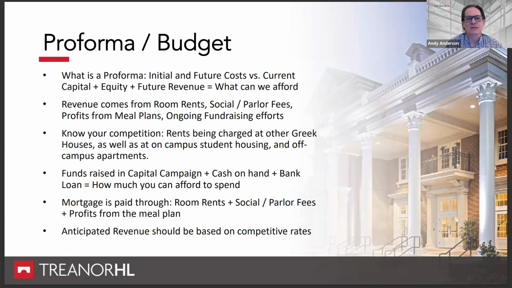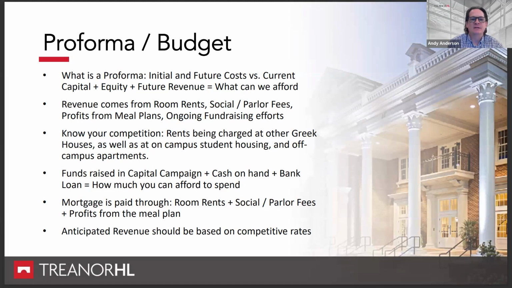And so you want to make sure that what you're charging your members is competitive with other options, not only with other Greek houses that you would consider your competition, but also whatever else is on campus in terms of student housing, dorms. What are they charging? And also the off-campus apartments in your area, what are they charging? So being able to identify those rents allows you to make sure that you're charging a competitive rate because you want to maximize that revenue.